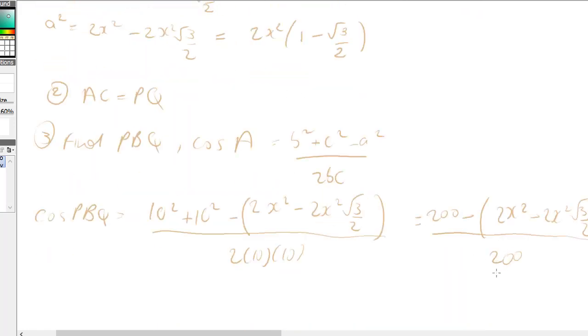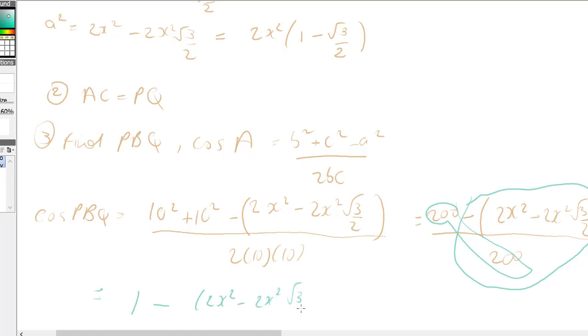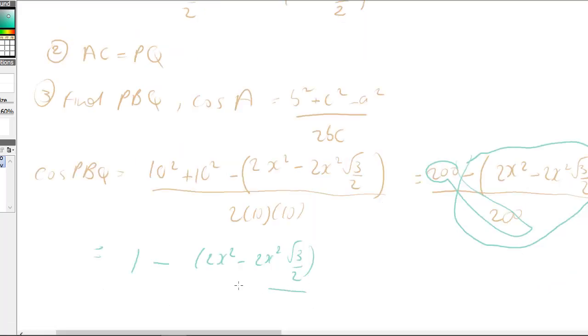So essentially what we can do is we can separate into two different fractions as follows. So we get this equals 1 minus 2x squared minus 2x squared square root of 3 over 2 over 200.